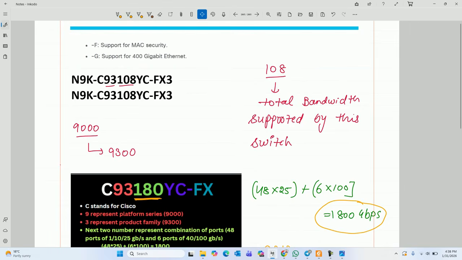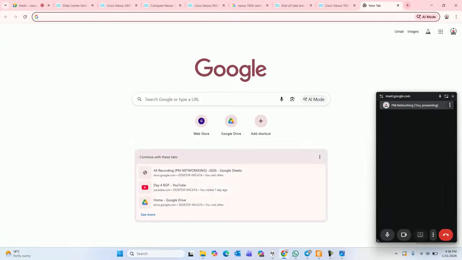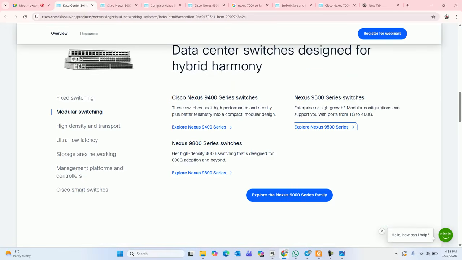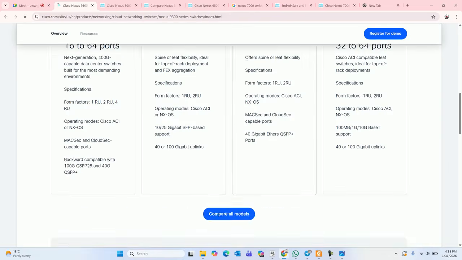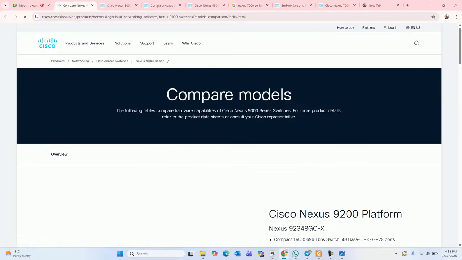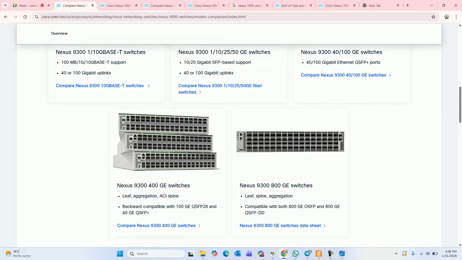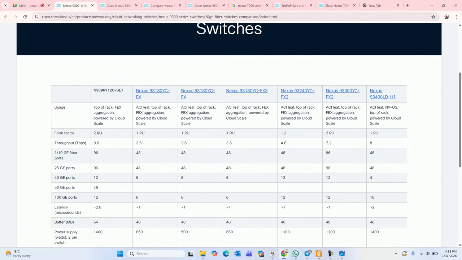So that's how here we have 93108. If we look at this 93108, 9300 series. Yes, here we'll find it. So I think you posted it. It's not 93108, it's 93180, right?